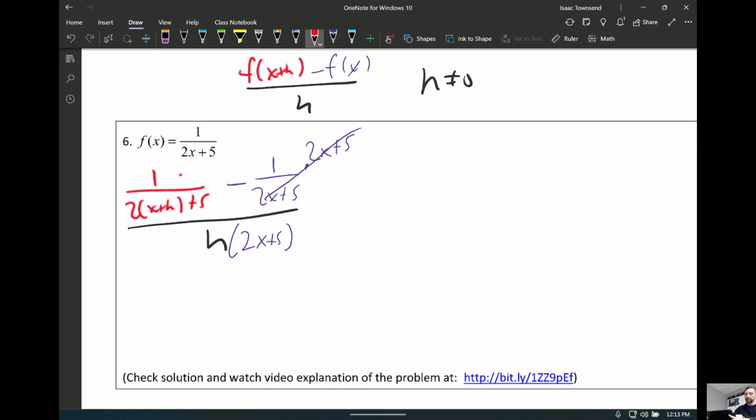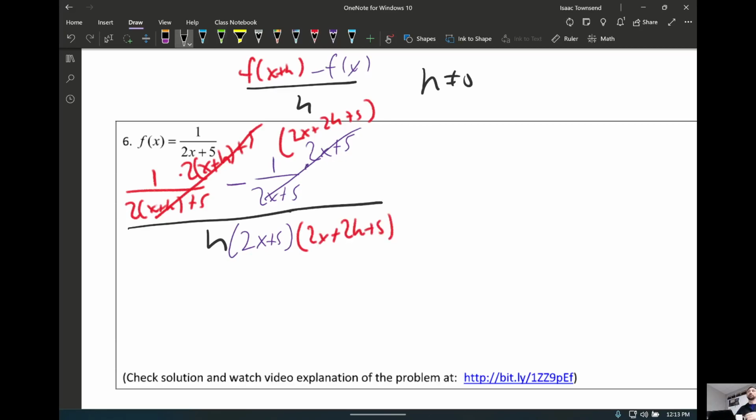We need to multiply everything by this small denominator, 2x plus h plus 5. And of course, with a complex fraction, if you're going to multiply one thing by something, everything gets multiplied by that. It's all or none.